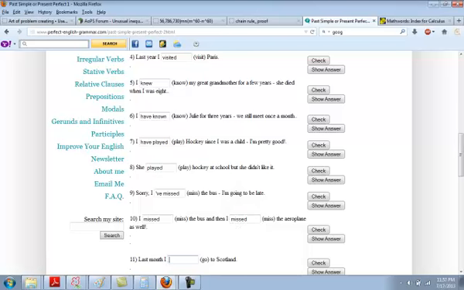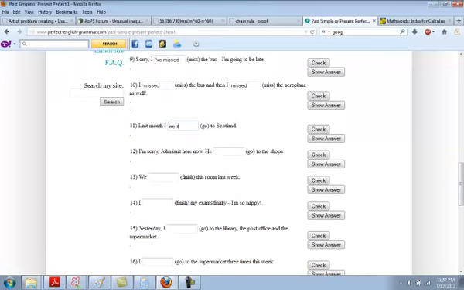Last month I go to Scotland. We have to choose between I went and I have gone, but it's last month, so this shows us that we have to choose I went to Scotland, because past simple also expresses acts from the past, from finished periods of time.